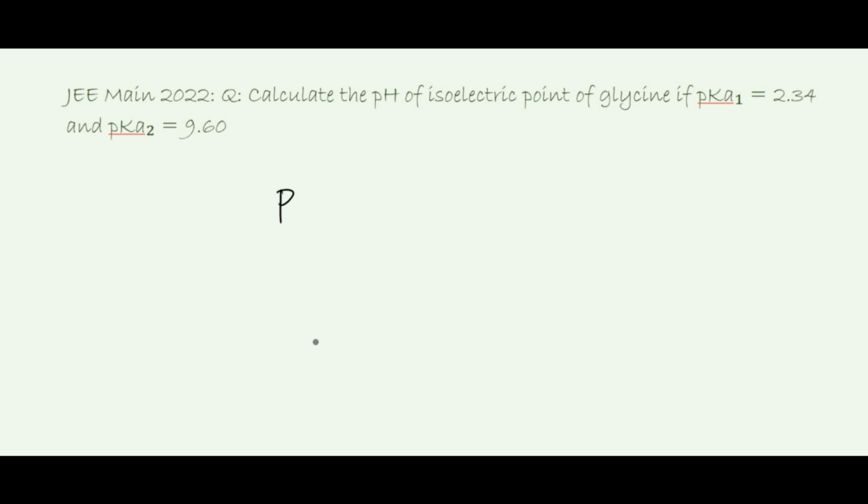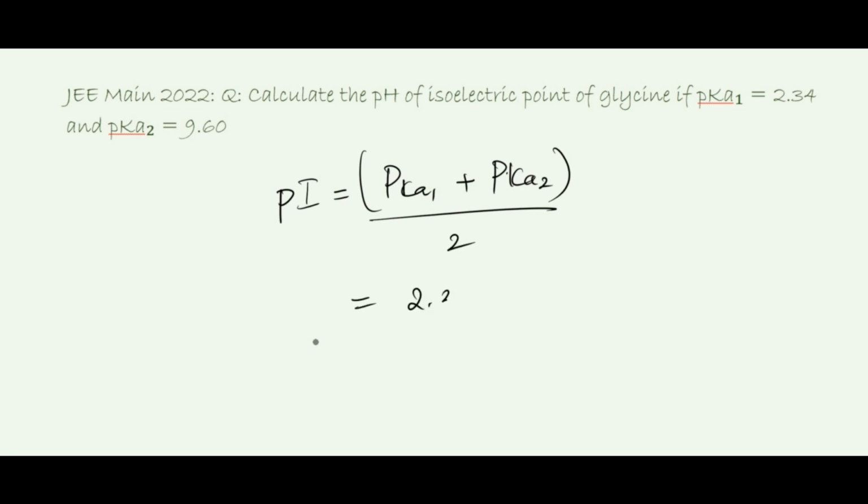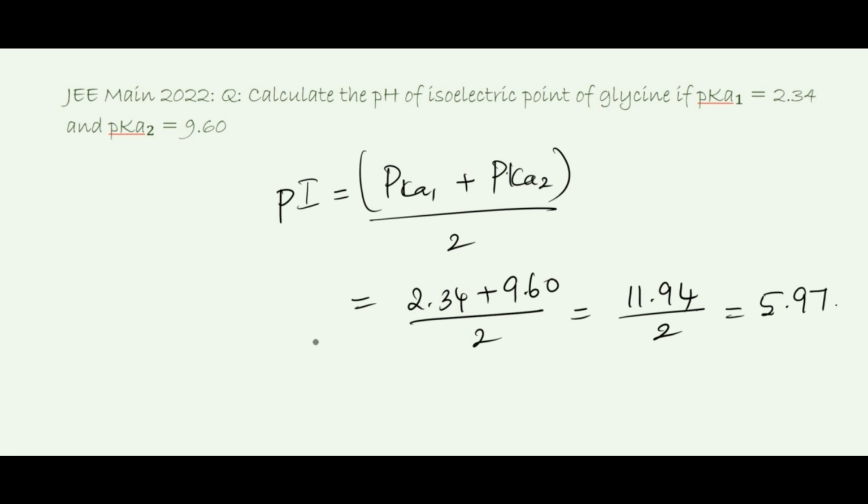First, isoelectric point pI is equal to pK1 plus pK2 whole divided by 2. That is 2.34 plus 9.60 divided by 2. That is 11.94 by 2, 5.97. That's it. Therefore, this glycine will have a zero net charge at pH 5.97.